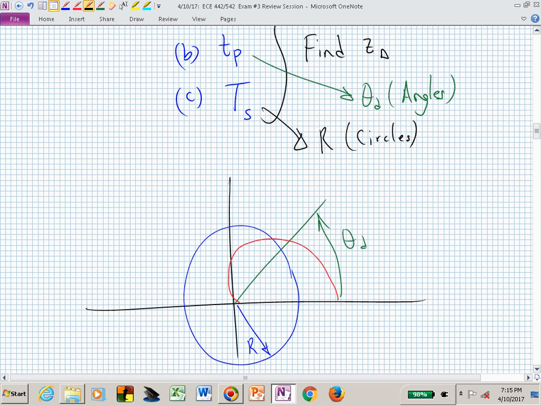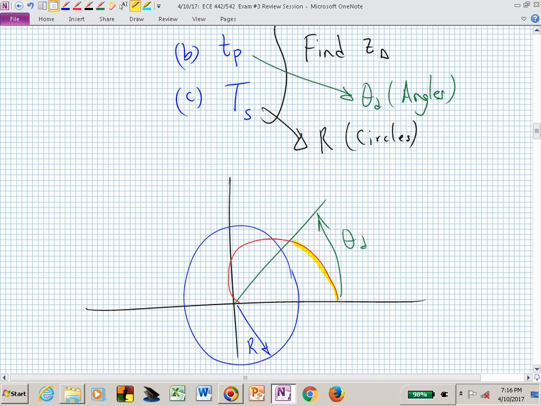If you shrink your radius along the same logarithmic spiral, you're going to be reducing your settling time and keeping your percent overshoot the same, and also speeding up your peak time. As you now move along this particular curve, you're fixed on your percent overshoot, but your radius, your distance away from the origin, is shrinking, and your angle is increasing, which gives you a quicker peak time.